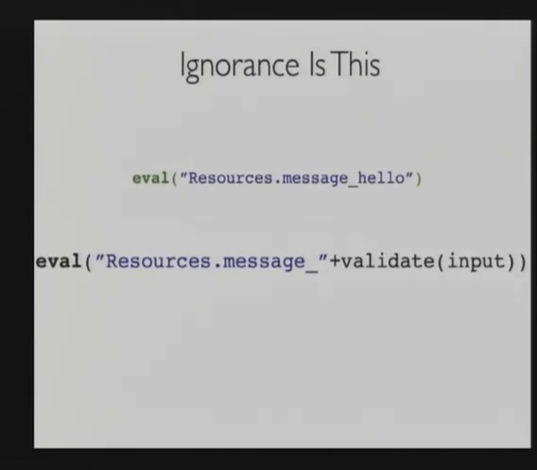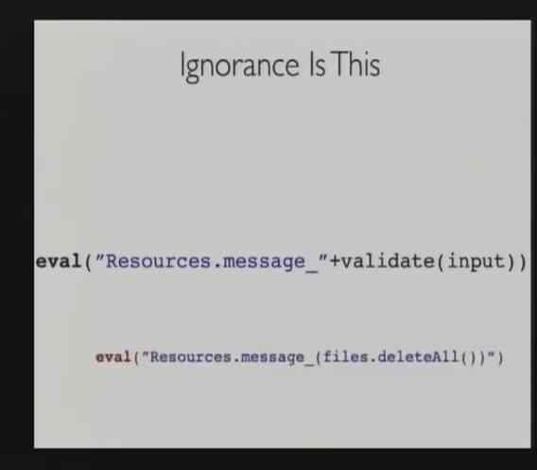And what the programmer probably doesn't want to happen is the following. That the string we concatenate starts with a parenthesis and then has a call to the delete all method, assuming there's such a method, of the files object. So both are possible. It all depends what the value of input is, right?